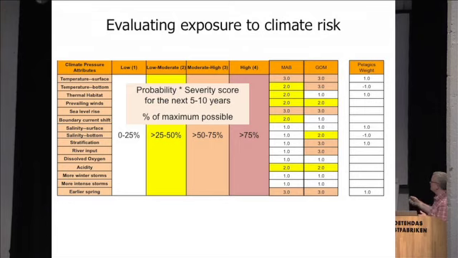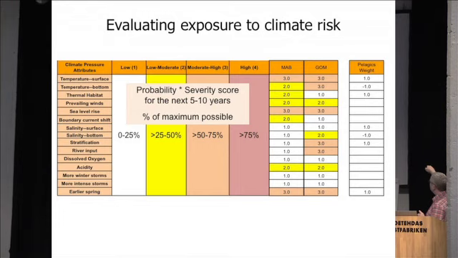They standardized their data so that they could turn their exposure scores into scores that range from 1 to 4 by multiplying probability by severity and then grouping them into low, moderate, moderate high, or high based on how they came out of the percentage of maximum possible points.